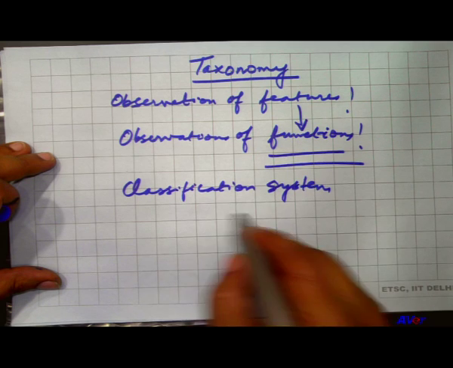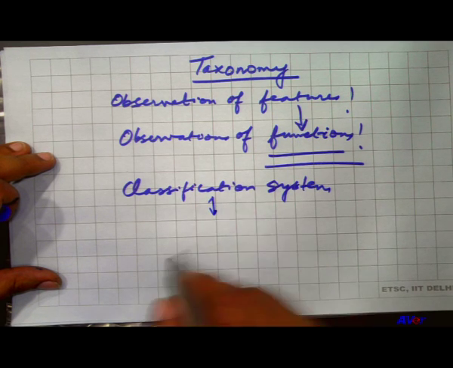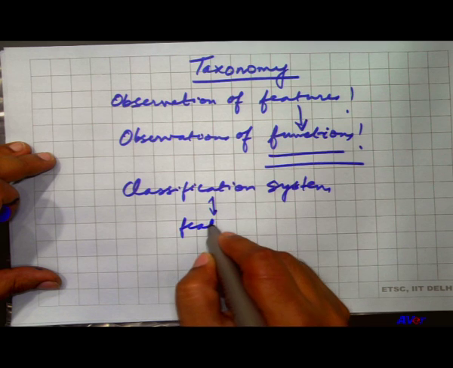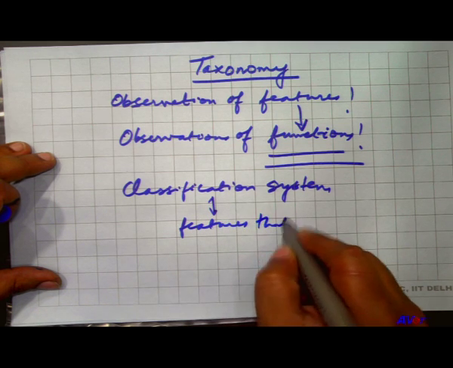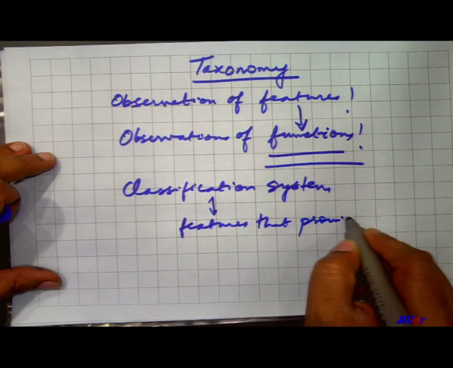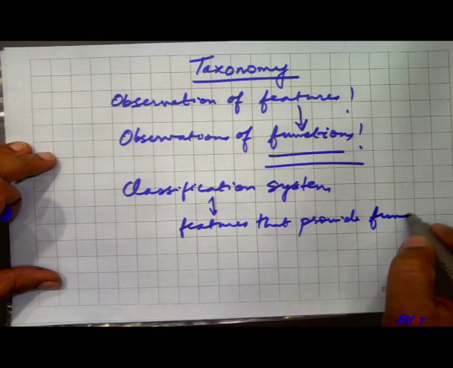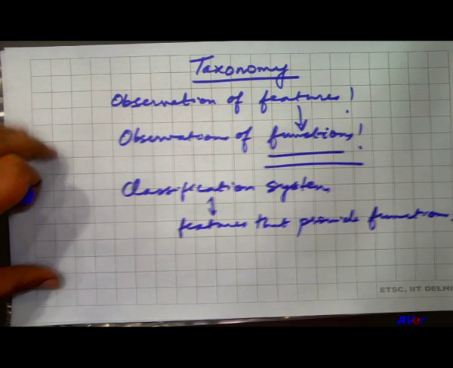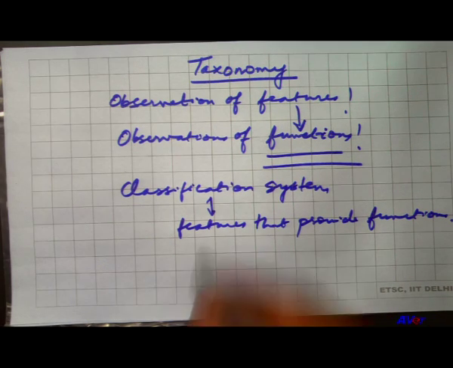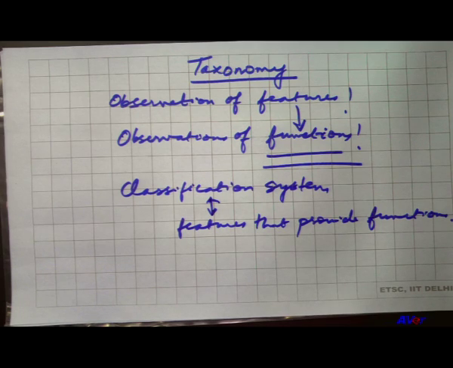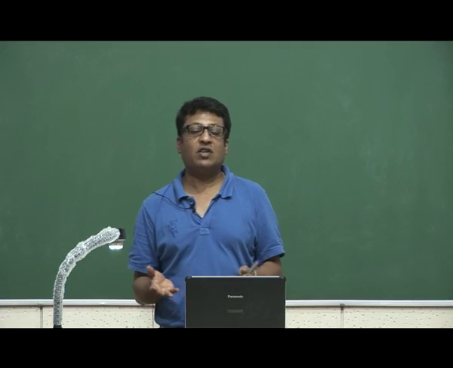based on features that provide functions. Today, these features are in terms of alphabetical sequences, what you will learn as DNA or your genome. RNA is also there, of course. DNA, RNA, these are genomes.